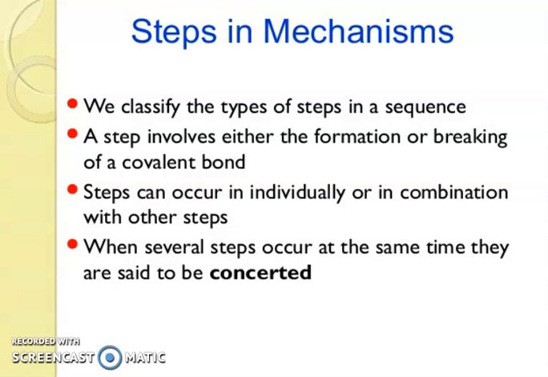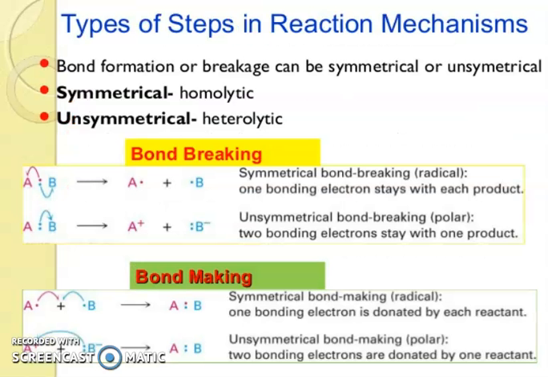When several steps occur at the same time, they are said to be concerted. So, types of steps in reaction mechanisms. Bond formation or breaking can be symmetrical or unsymmetrical. Symmetrical means homolytic and unsymmetrical means heterolytic.